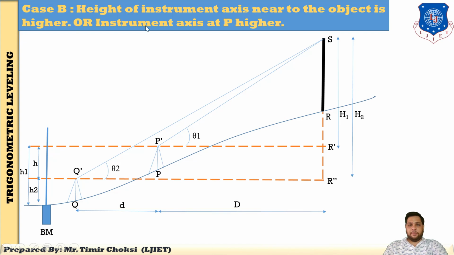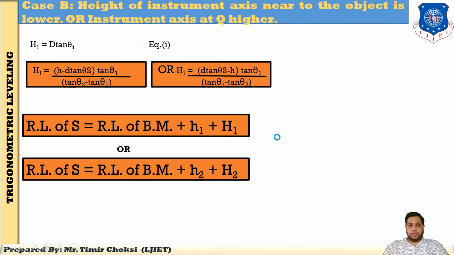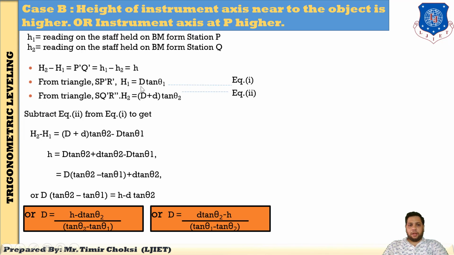You know that in case B, the instrument axis nearer to the object is on the higher side. So the first step is to draw the figure, then find H1 and H2, and then find capital D. After getting the value of D, put the value of capital D in equation number 1.